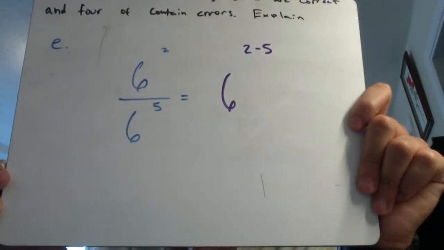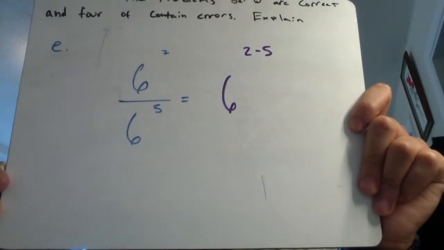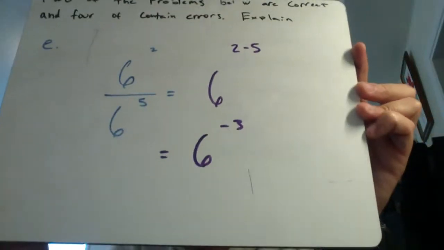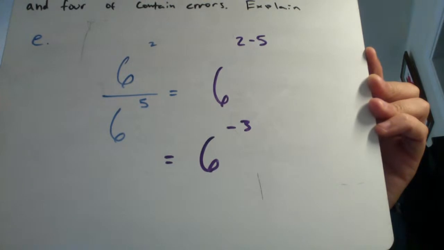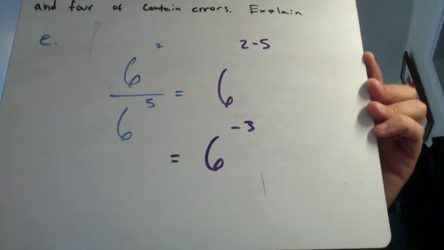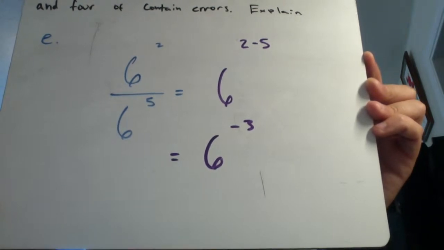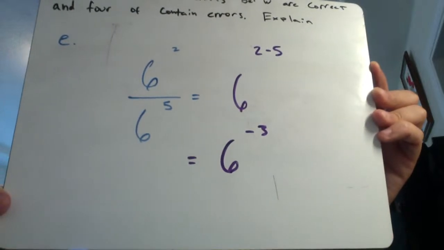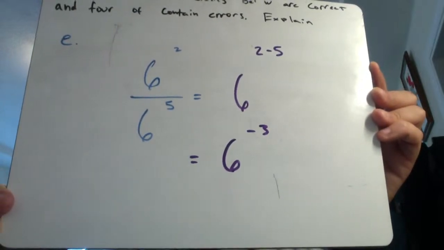That gives us 6 to the negative 3. Negative exponents, we bring them down. This is the same thing as 1 over 6 to the 3rd.